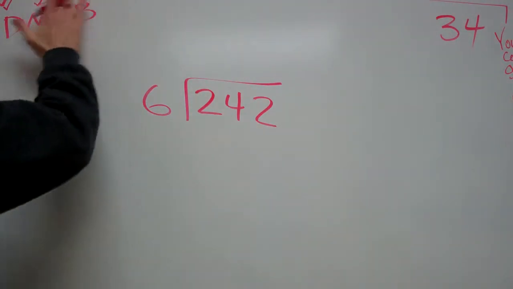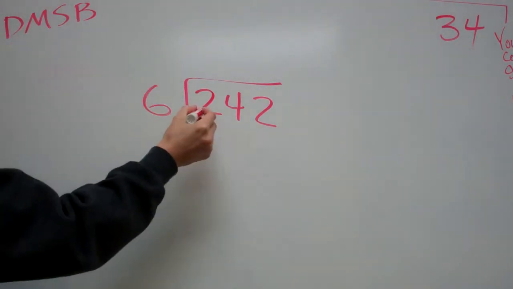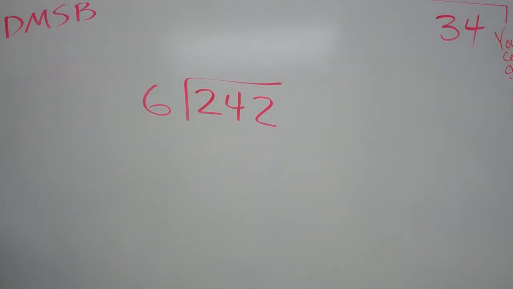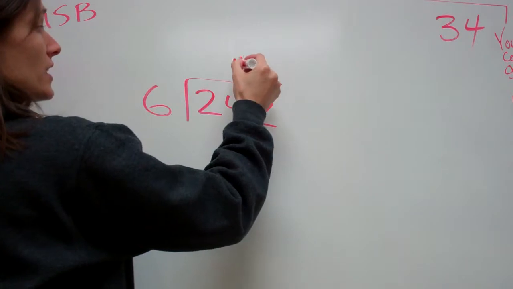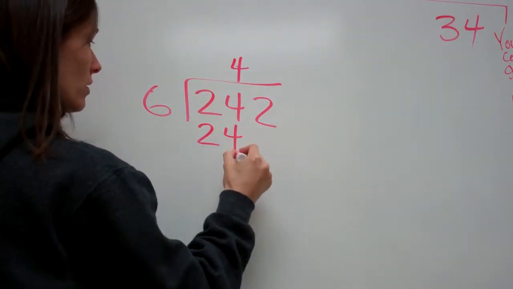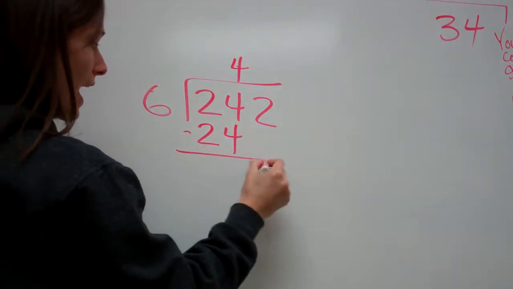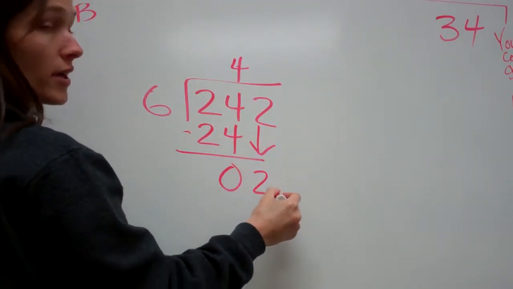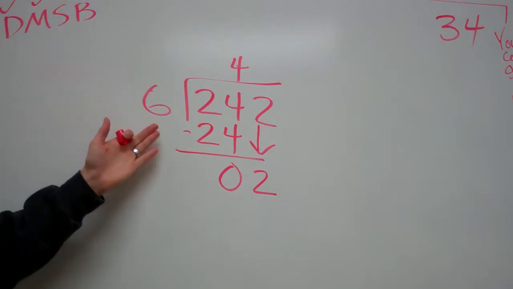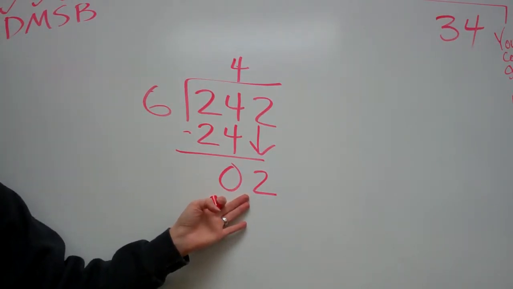All right, let's divide. 6 will go into 24 how many times? 4. 6 times 4 is 24. Then I'm going to subtract and get 0. Then I'm going to bring down my 2. Garrett, 6 times what equals 2? 0.